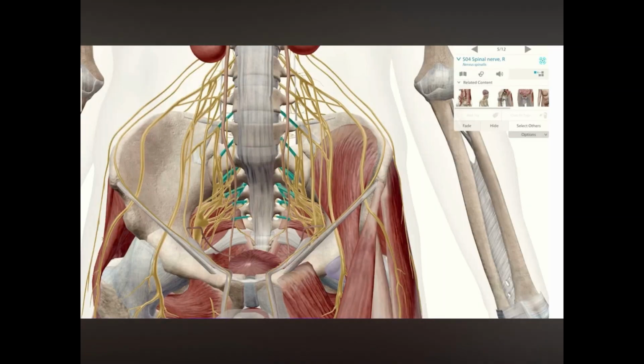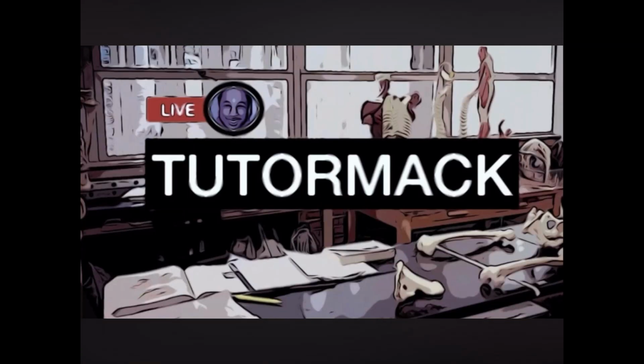Good. What nerves contribute to the sacral plexus? That's right. The sacral plexus is formed by the ventral primary rami of L4 to S4. Describe the pathways of the superior gluteal nerve and the inferior gluteal nerve.